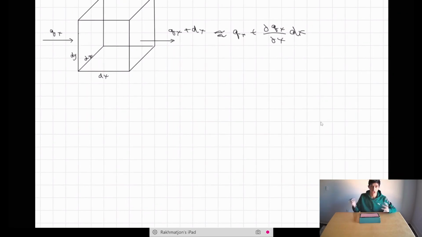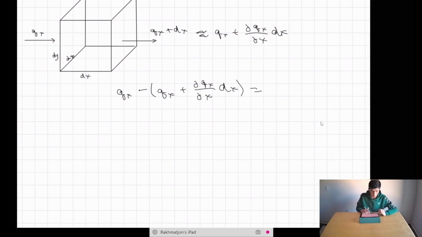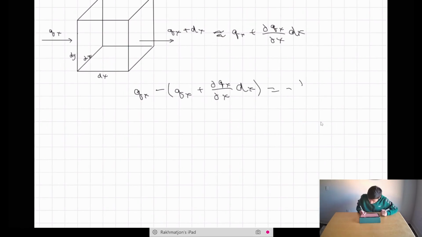So the heat stored inside is going to be the heat coming in minus the heat that is coming out of the cube, right? Which is going to be, the qx's are going to cancel, so we're going to have negative dqx over dx times dx, right?